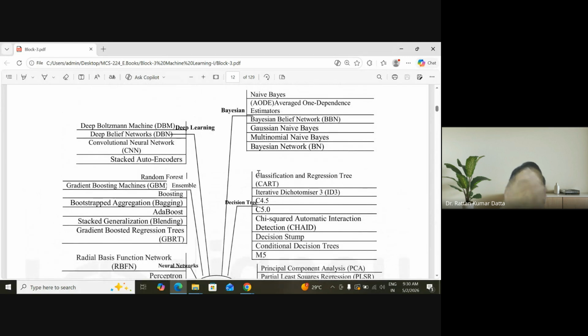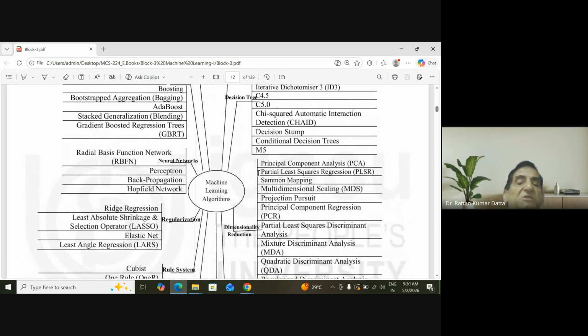These are the various ways we try to talk about. You can read all these things: gradient boosting, and so on. So all these things you can read and work out. So this is machine learning algorithms.